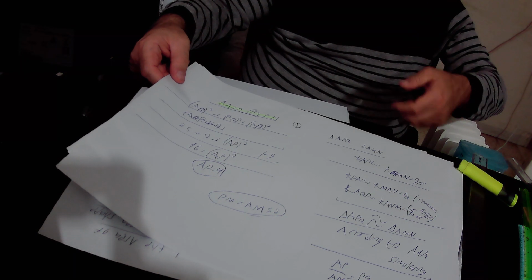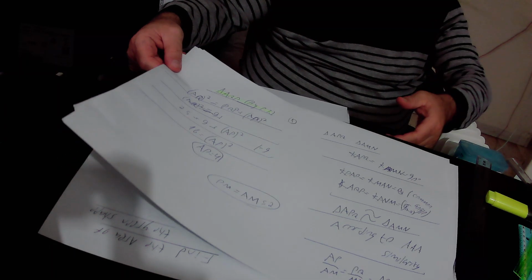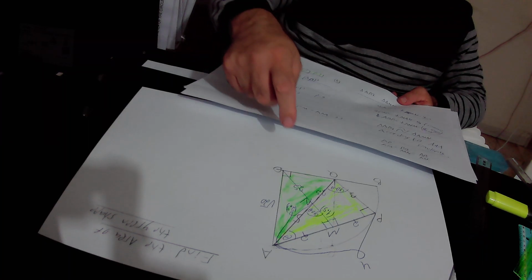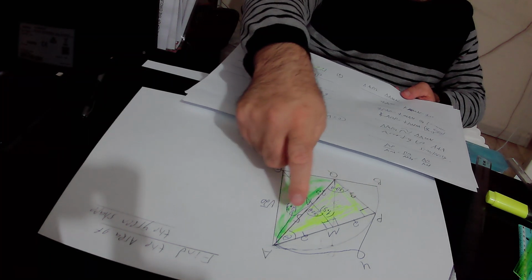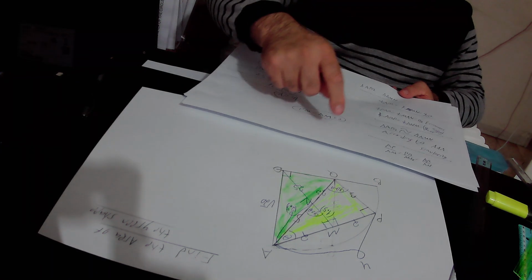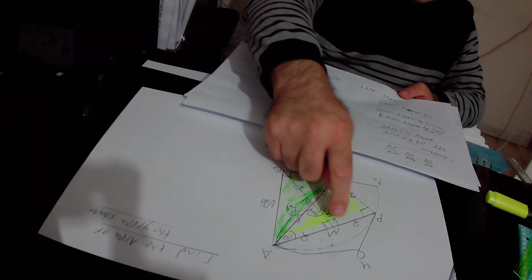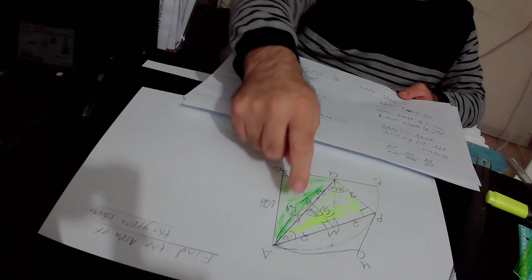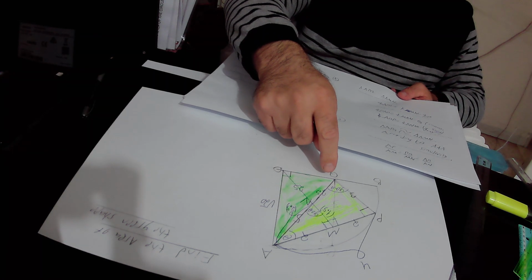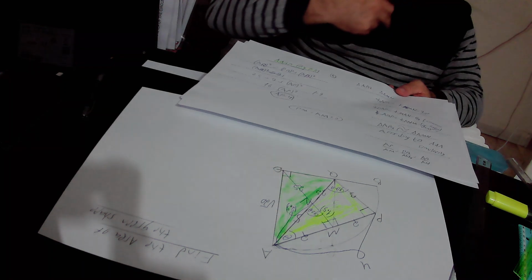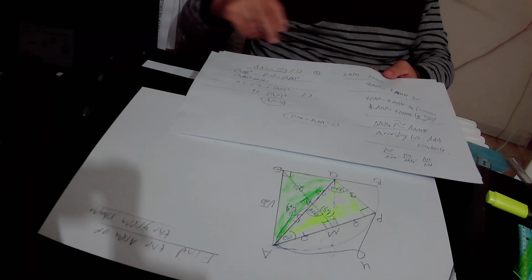From the fact that the two right triangles are similar to each other, we conclude that AP over AM equals PQ over MN equals AQ over AN.